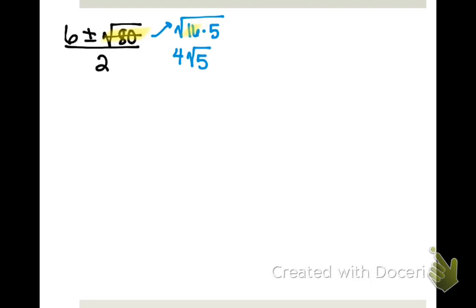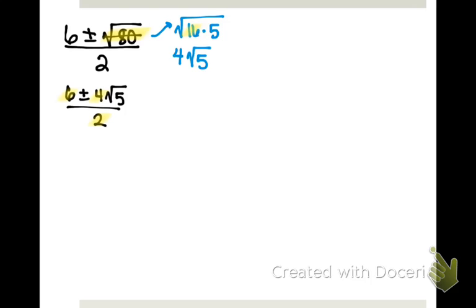What that gives us here then is a further opportunity to simplify. I have 4 times the square root of 5 all over 2. But here's the rule. You can only divide that 2 if it goes into all of them. Or you could reduce, like maybe it was something where I could reduce like a fraction.